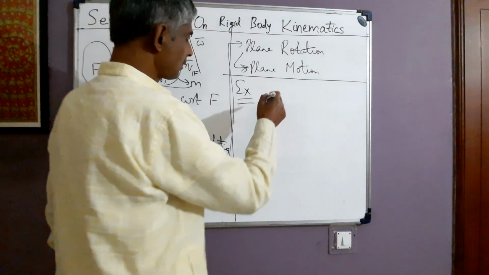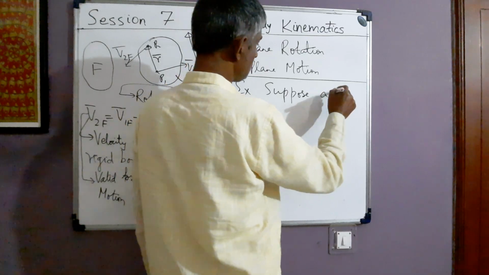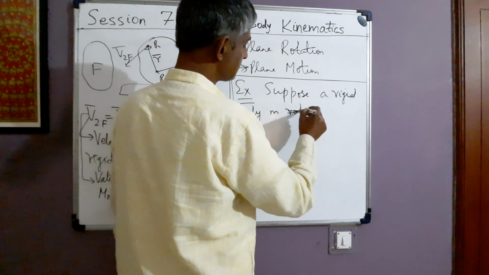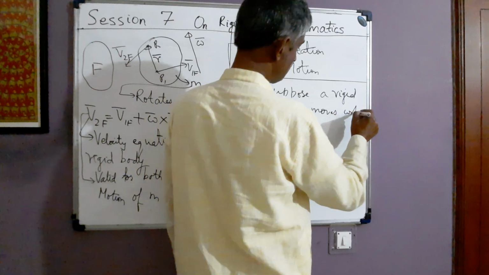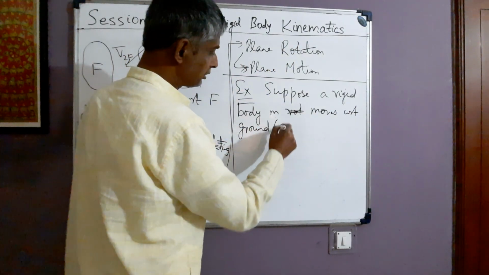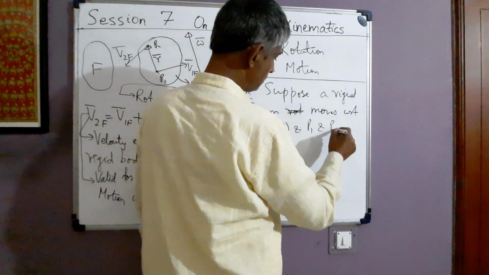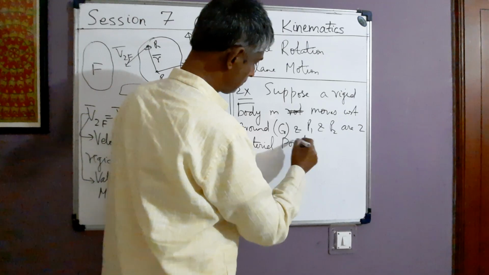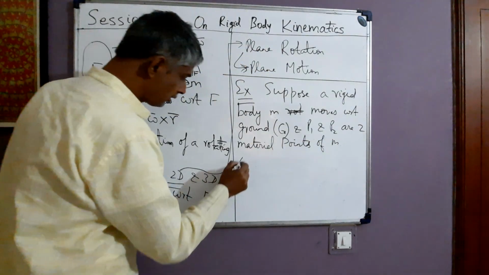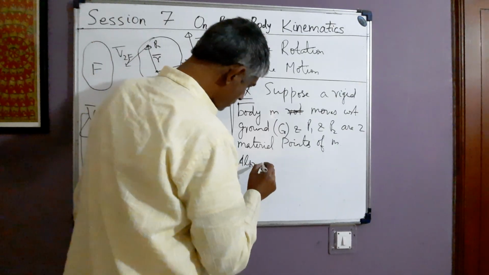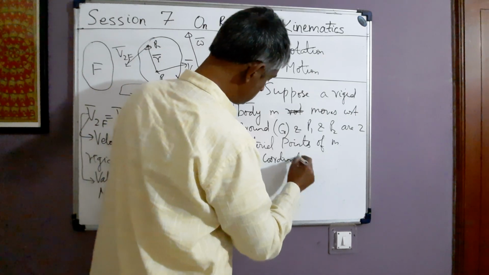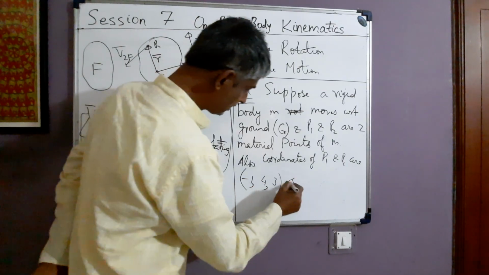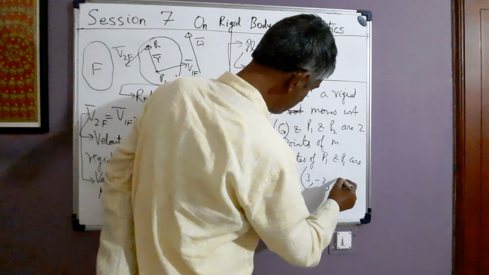The question is this. Suppose a rigid body M moves with respect to ground, denoted by G, and P1 and P2 are two material points of M. Also, the coordinates of P1 and P2 are (-1, 4, 3) and (3, -2, 4).